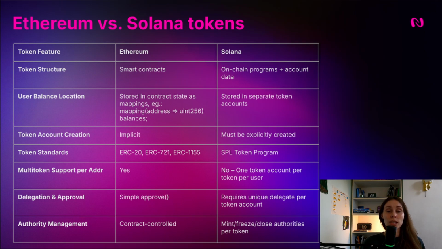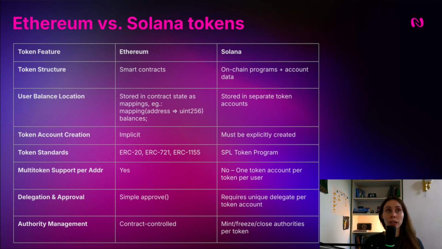So the user balances on Ethereum are stored in the contract as mappings, as opposed to Solana, where they're stored in separate token accounts. Then the token account creation happens implicitly on Ethereum, and basically one contract means one token.